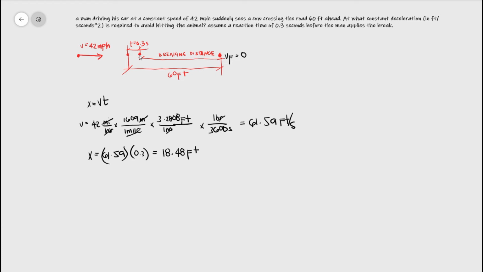Meaning from this point to this point, the car traveled 18.48 feet. Therefore, the braking distance will be 60 feet minus 18.48 feet.